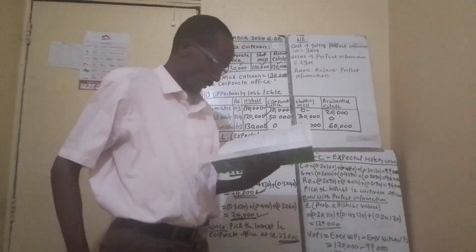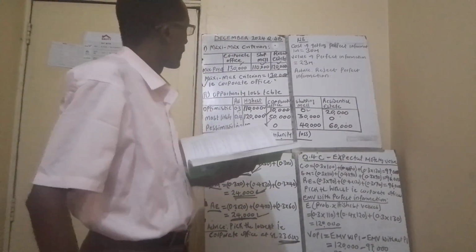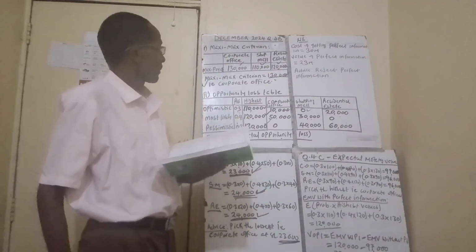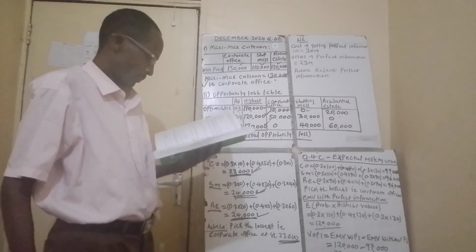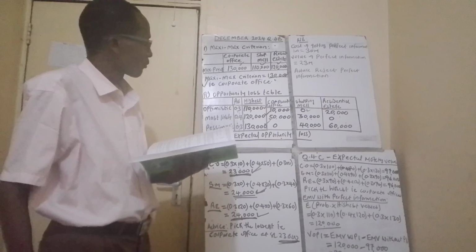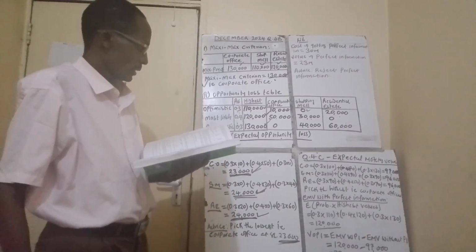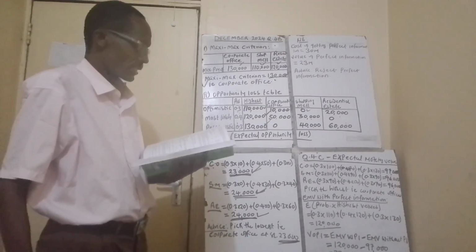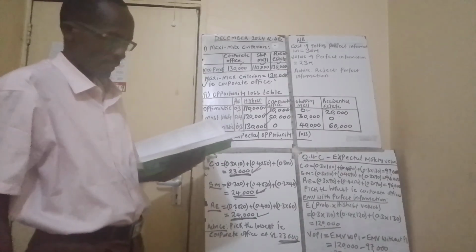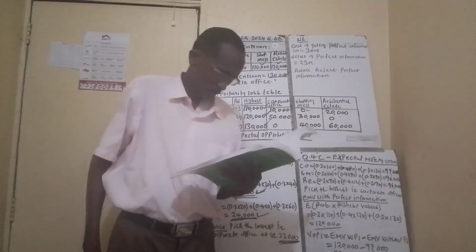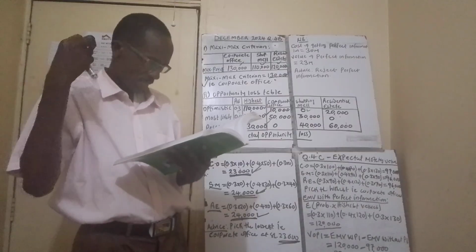You have the papers, you can read it. Remember, it is Advanced Management Accounting, December 2024. Question 4B we have done. Now we want 4C, the same question, but part C.